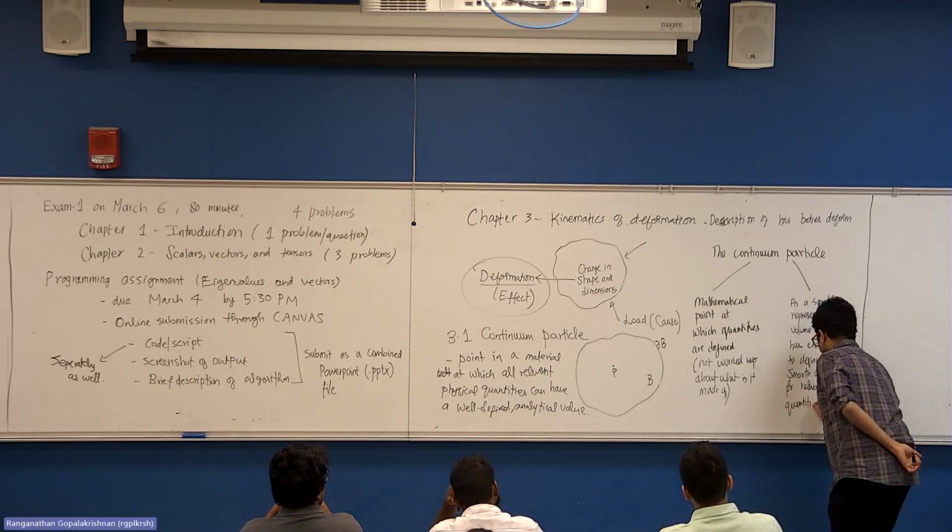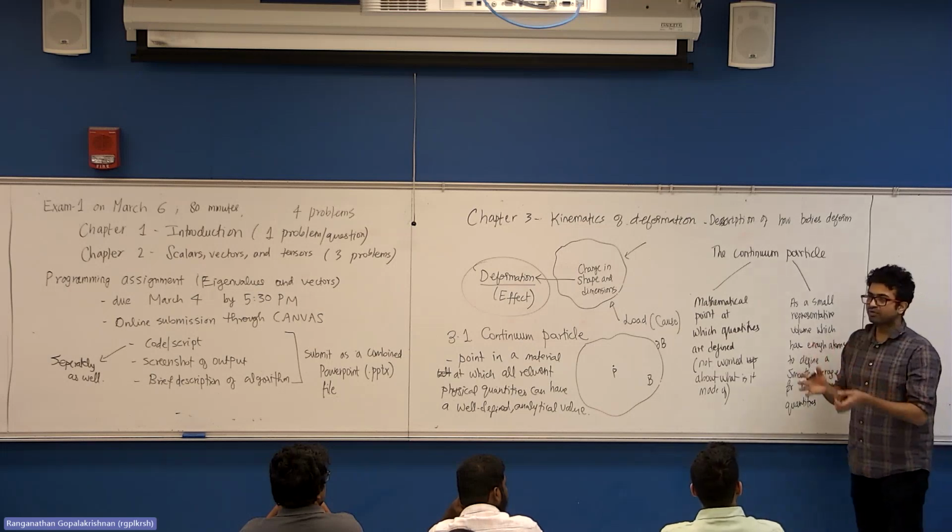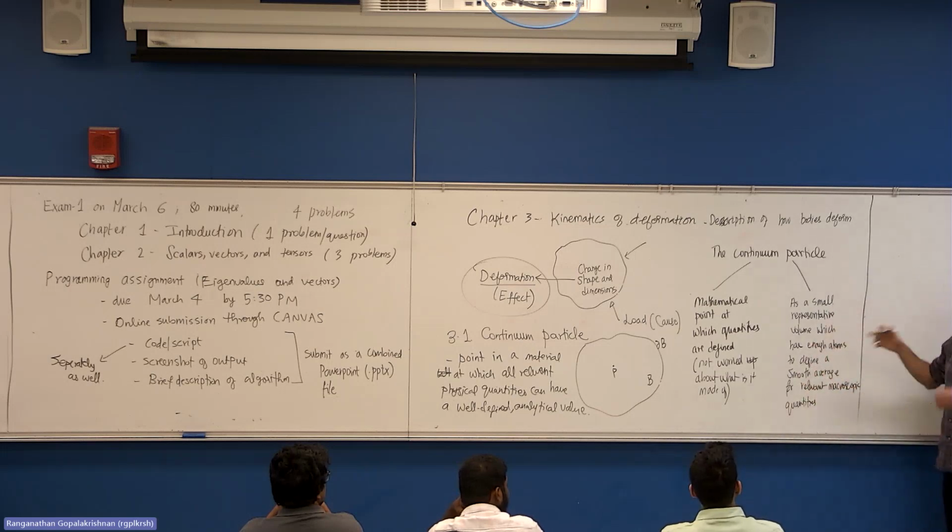Like if you think of density, for example, in the very first lecture, we talked about how density at a point, if you keep shrinking down, at some point that space is the space between two atoms. It's really not defined at that level. So you zoom out just enough so that you can define a density, and for defining that, you need enough number of atoms so that you get a convergent average for density, velocity, and so on.